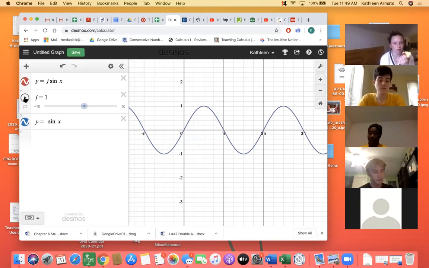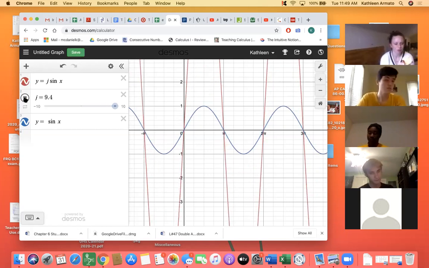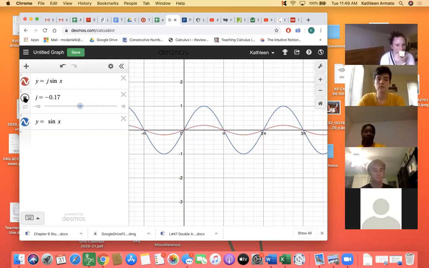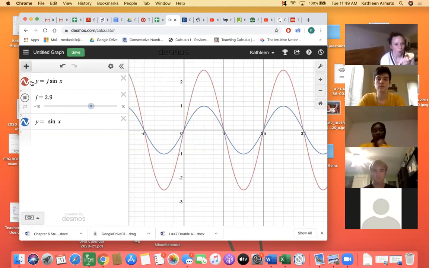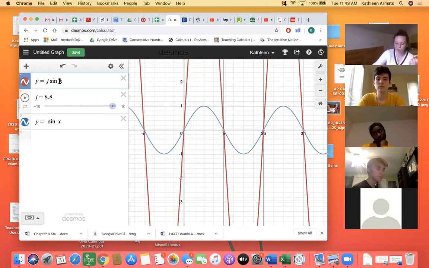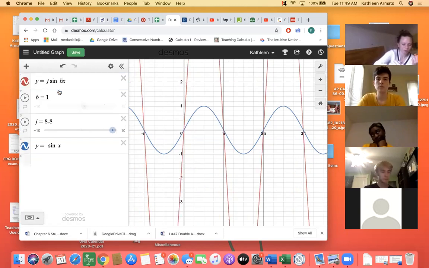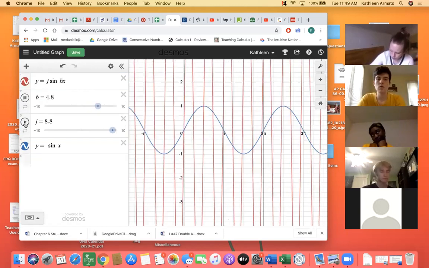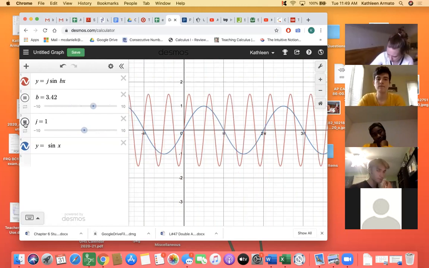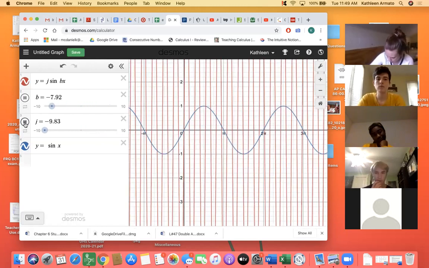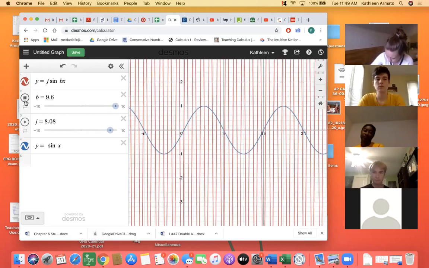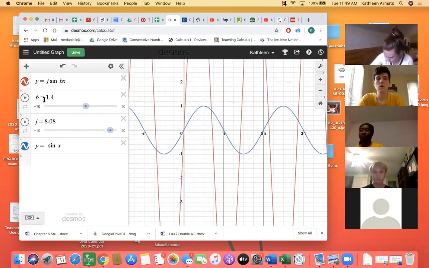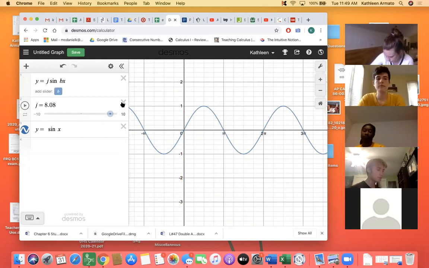Let's see what happens here. Look at that, that amplitude is changing. You can even have two sliders going at once. So that gets pretty insane. All right, so I kind of love sliders. We'll go ahead and get rid of those, but they're kind of fun to play with.